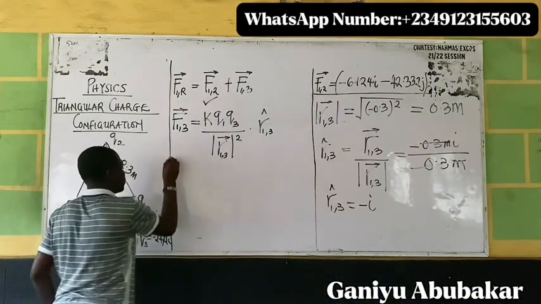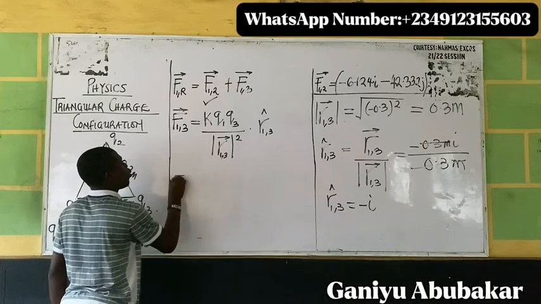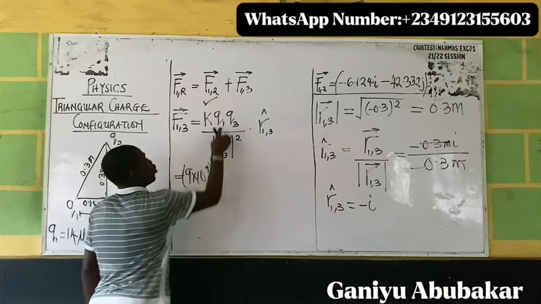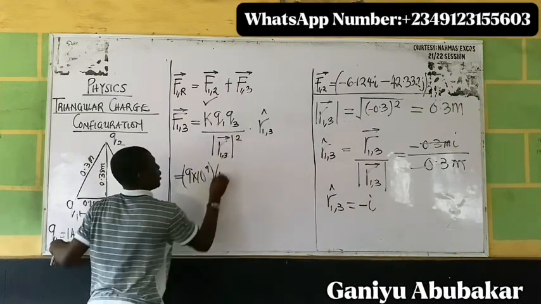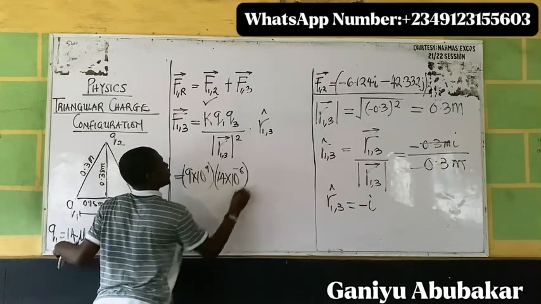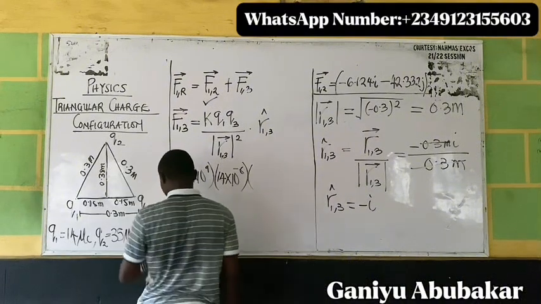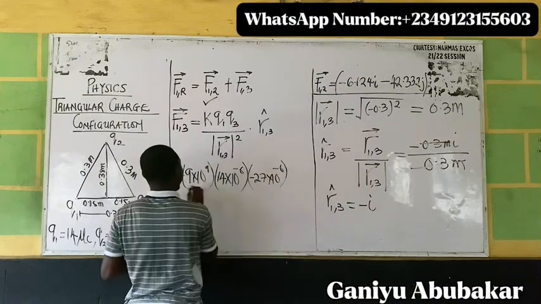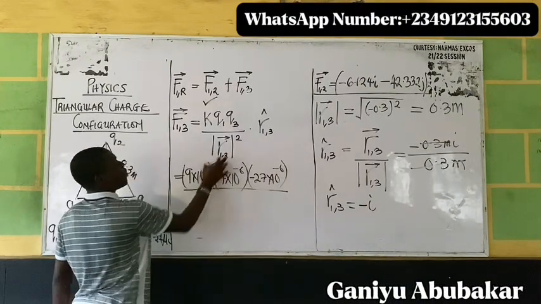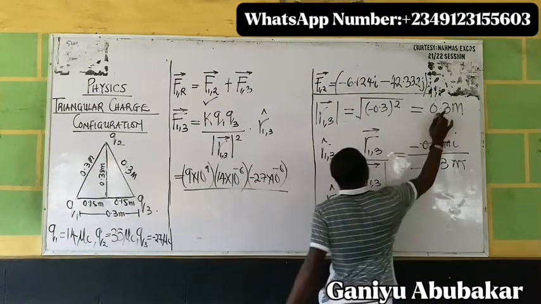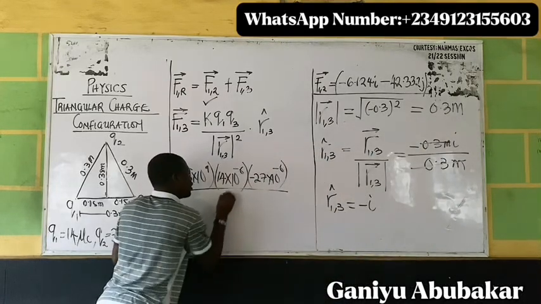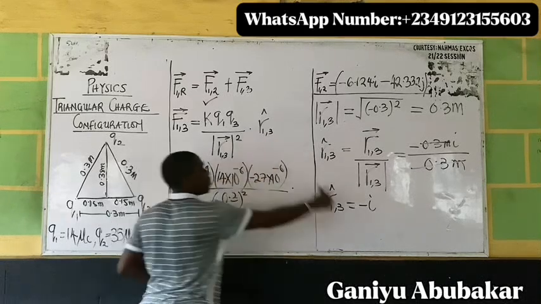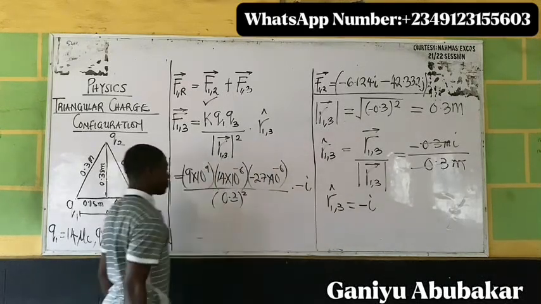So F13 is equal to k, that's 9 times 10 to the power 9, Q1, 14 times 10 to the power minus 6, Q3, negative 27 times 10 to the power minus 6, all over the magnitude of R13, that's 0.3, all squared, dot unit vector of R13, that's minus i.